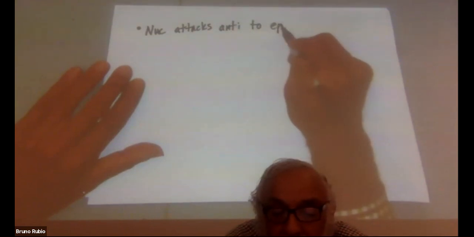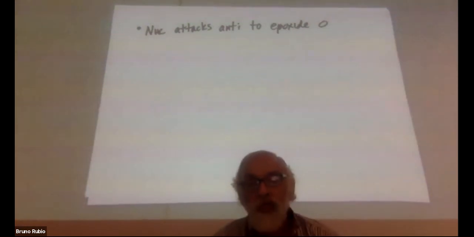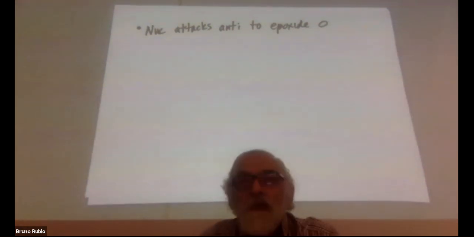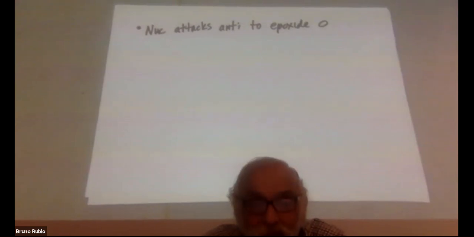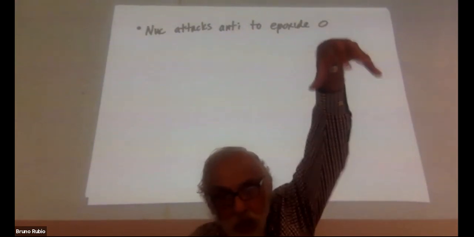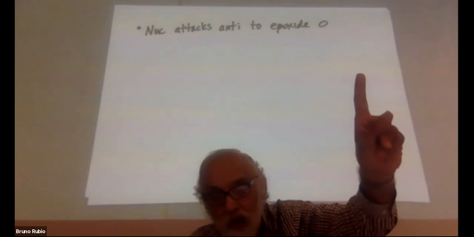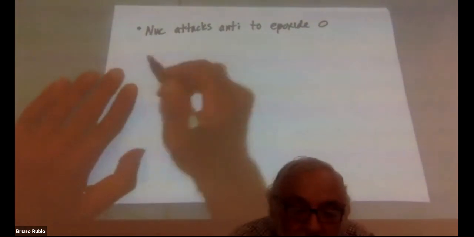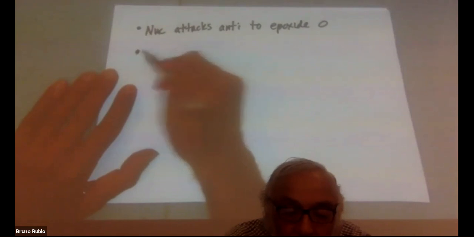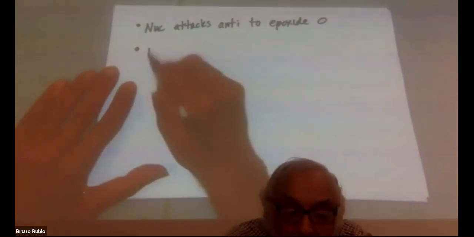So in other words, even if the epoxide oxygen is on a wedge, the nucleophile is going to come in on a dash. If the epoxide oxygen is on the top of the molecule, the nucleophile is going to come in from the bottom of the molecule.